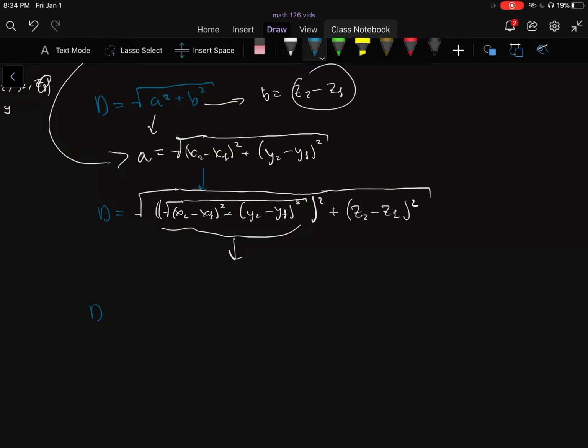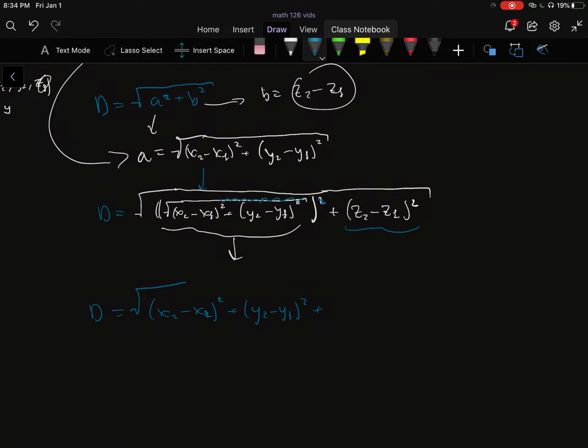Simplifying this, d is now equal to the square root of, and remember, because we're squaring this, we can get rid of this radical. So we can just write everything underneath it now, which is going to be the quantity x2 minus x1 squared plus the quantity y2 minus y1 squared.